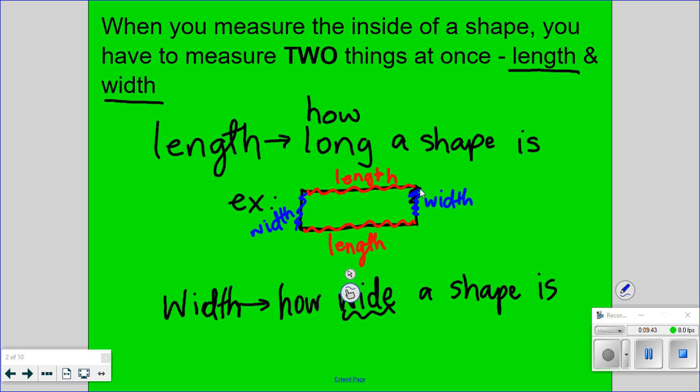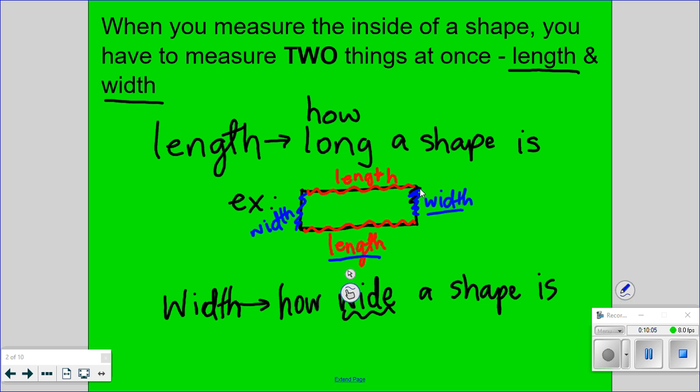Now I will let you in on a little secret. Length and width, they don't have a specific spot. Lots of people make the length the longest one, but if I wanted to call this width and then this length, I could.